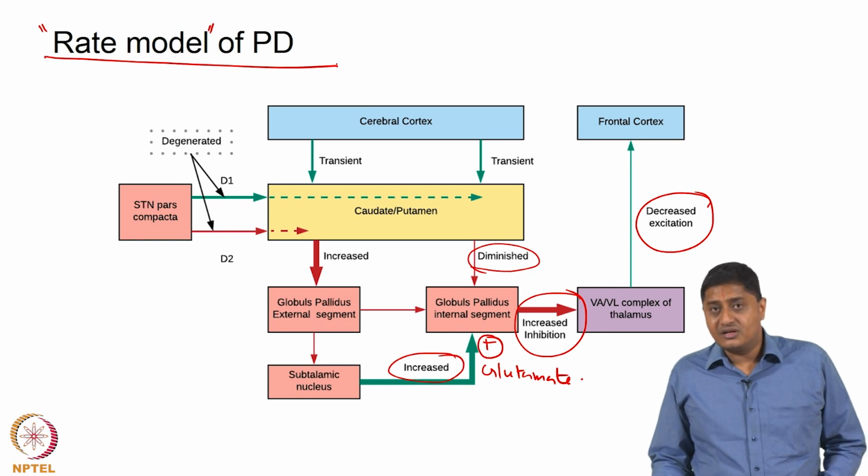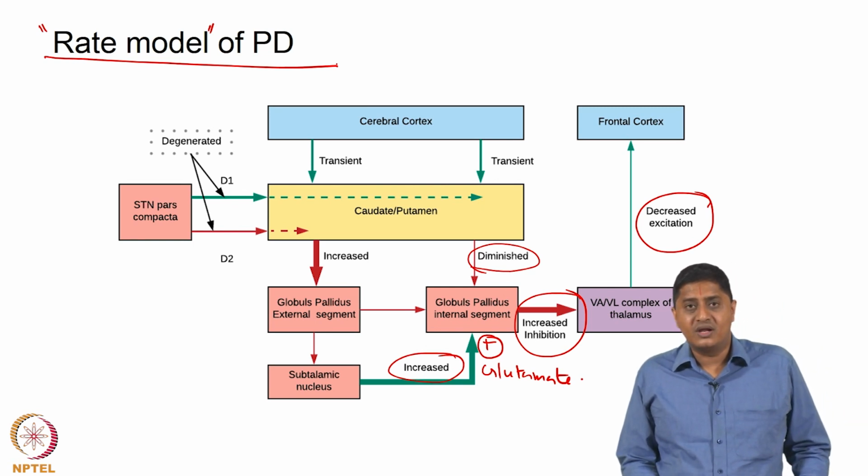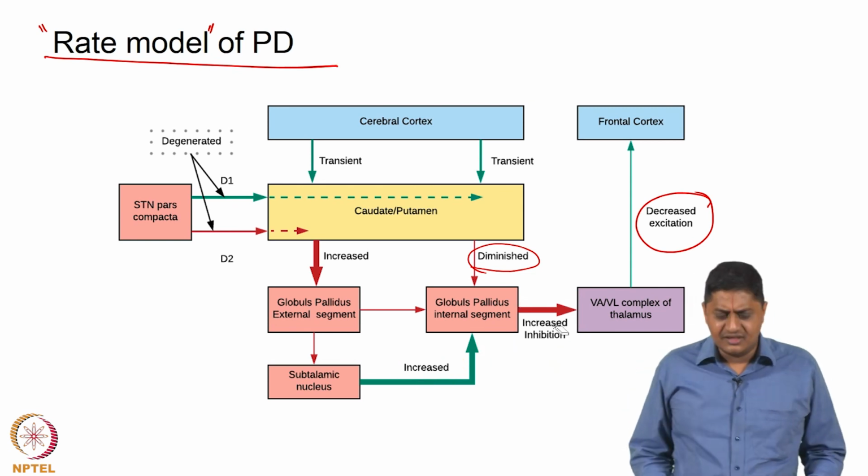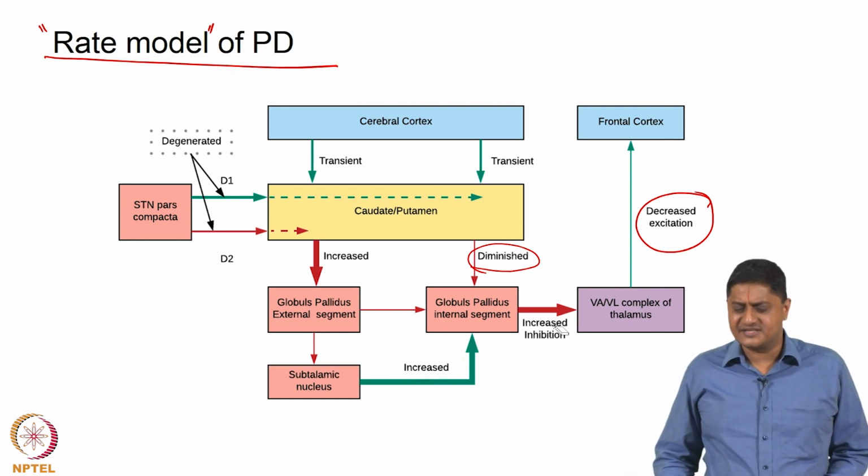Fortunately, this model is able to explain a whole lot of data on patients. However, this model has its limitations though. There are several cases where this model cannot explain specific pathophysiology.